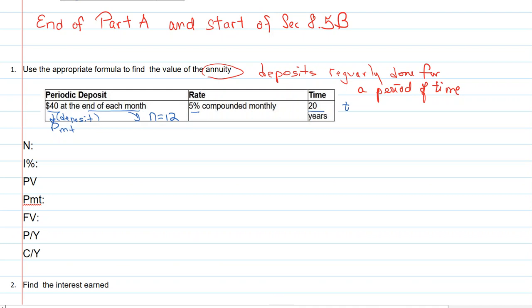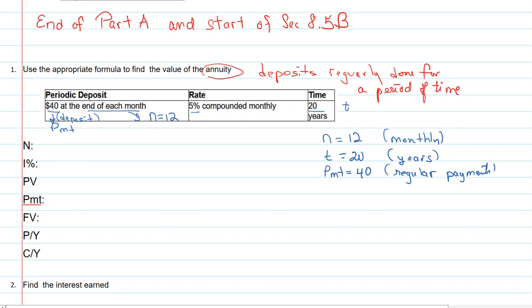So let's construct over here on this side what we know. We know that our N is 12, because it's monthly, and our T is 20 for the years of the annuity and deposits. Our payment is 40, and that's our regular payments, at an interest rate of 5%.